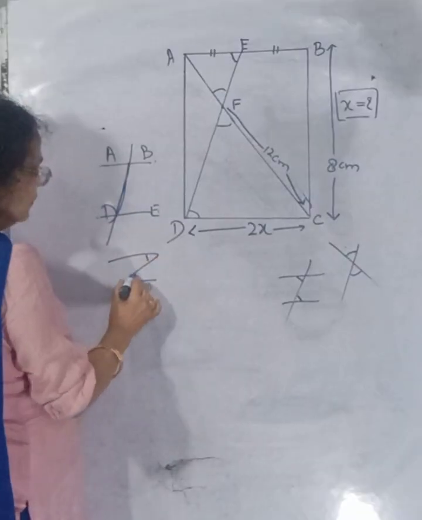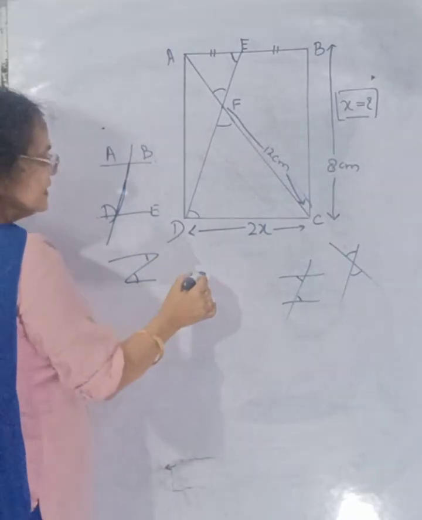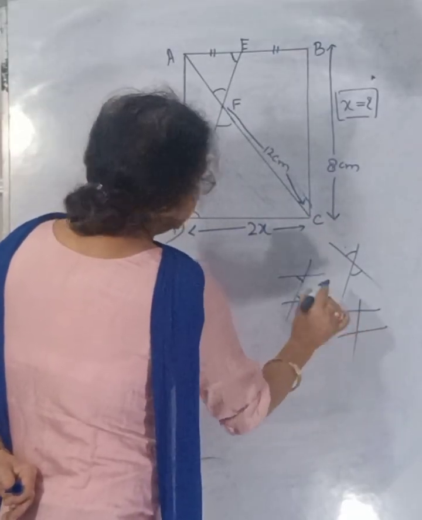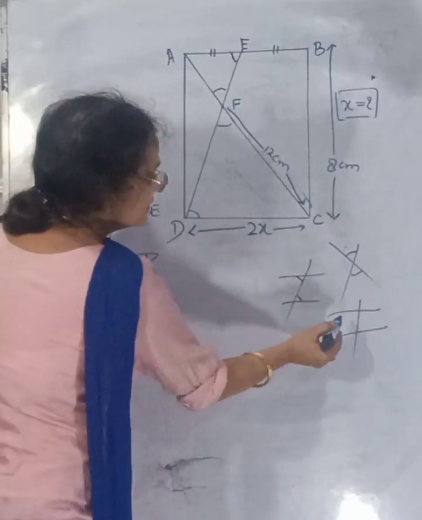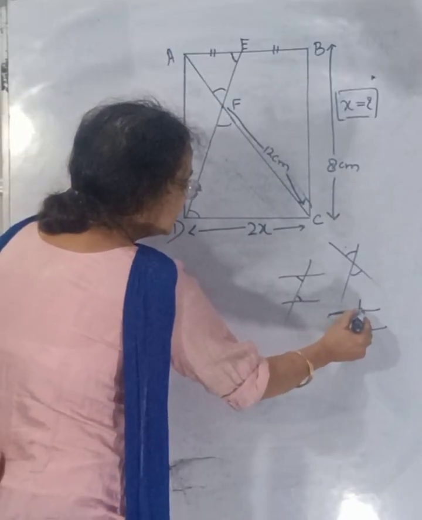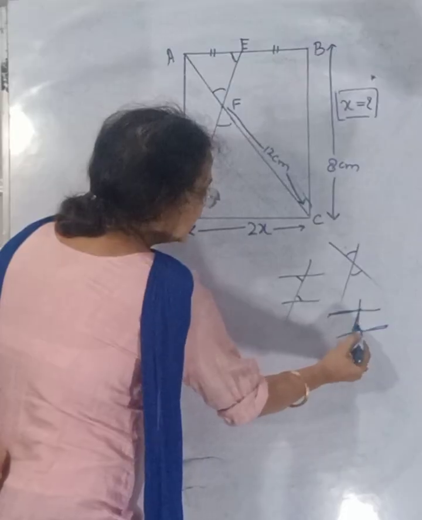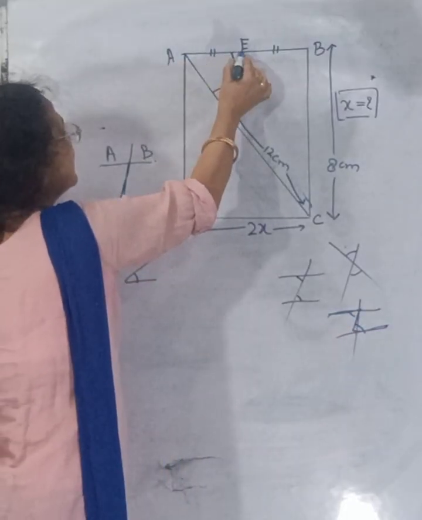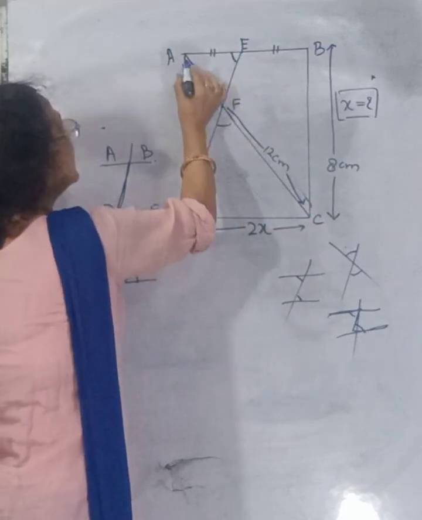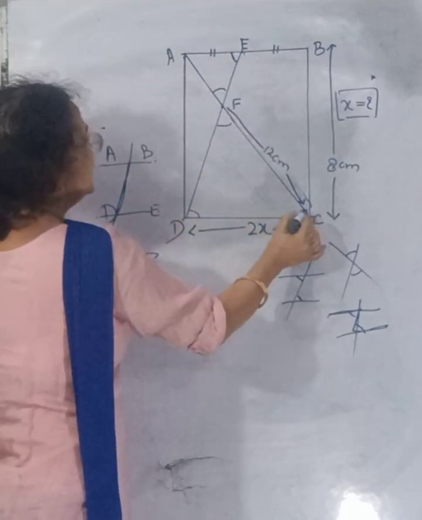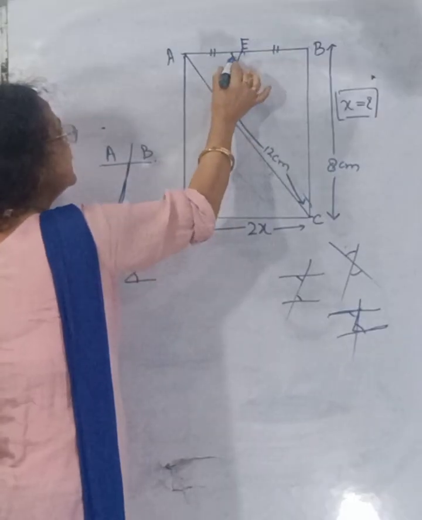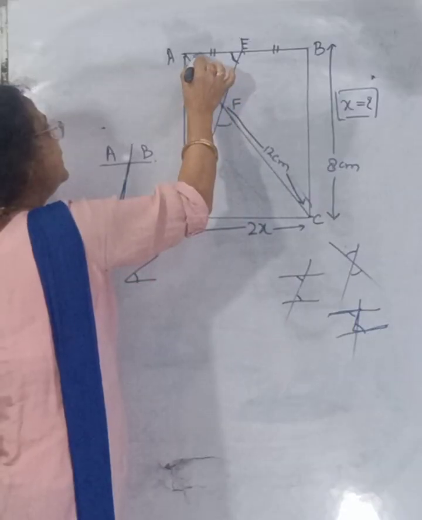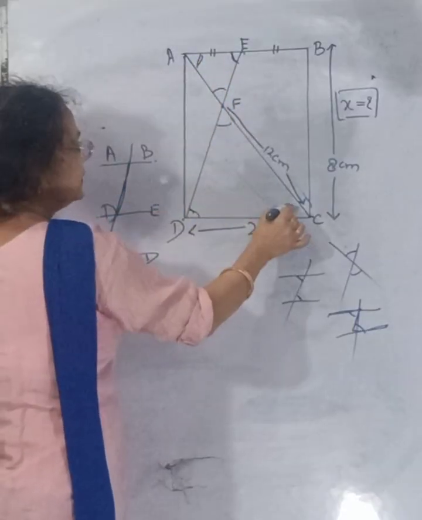The Z rule says that when two parallel lines are crossed by a single line, the angles made at the Z corner are equal. This is Z. This is Z. It means this angle will be equal to this. Same over here, this is Z. AE and DC are parallel, so this angle will be equal to this angle, and hence the same is the condition with this angle, which will be equal to this angle.